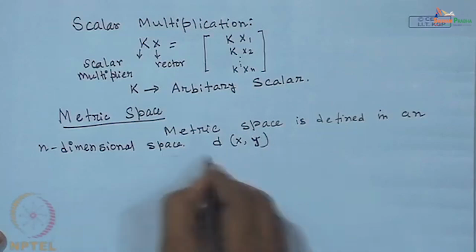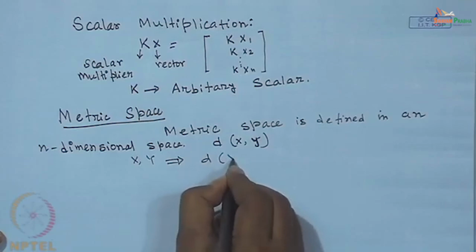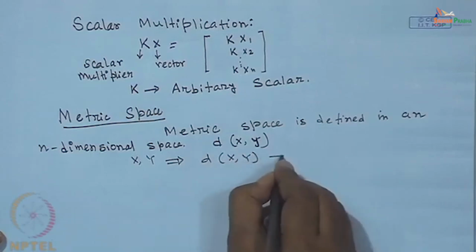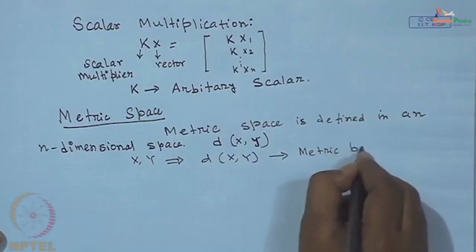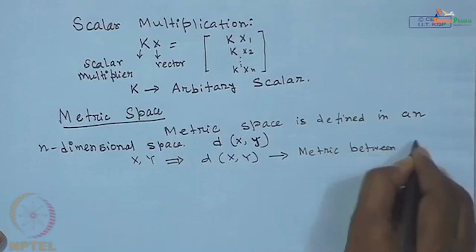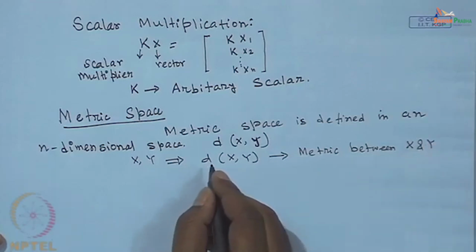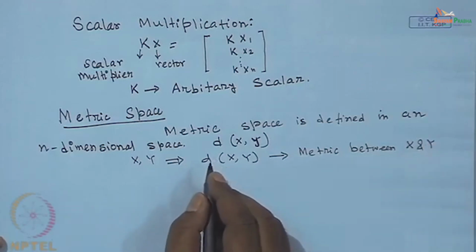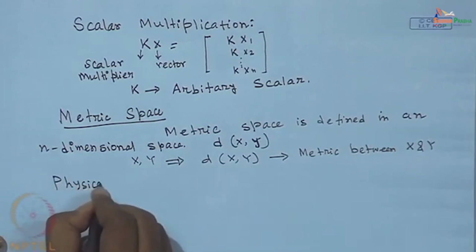If x and y are 2 vectors, then the metric between the two is denoted by d of x and y. So, this is known as the metric between x and y. So, what is the physical significance of this metric?